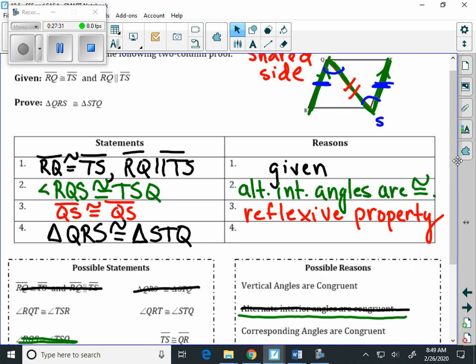Same thing over here on the right. We've got a 1 tick mark, an included angle, and 2 tick marks. And ask ourselves, do we have 3 sides, or do we have 2 sides and an included angle? And we ended up with side, angle, side.